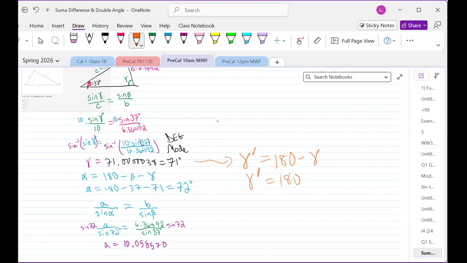So gamma prime is 180 minus 71 equals 109. Then we could solve for alpha prime, and then we could solve for A prime using the same steps we did before. You won't have to do that part on the test because it's not a two triangle question on the test. It's just one triangle.